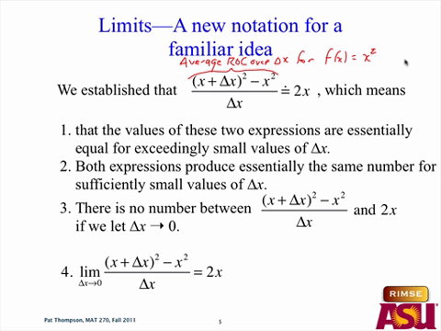This idea of delta x being sufficiently small, we use this notation: limit as delta x goes to 0. Where this was the average rate of change function, now what is this whole thing?